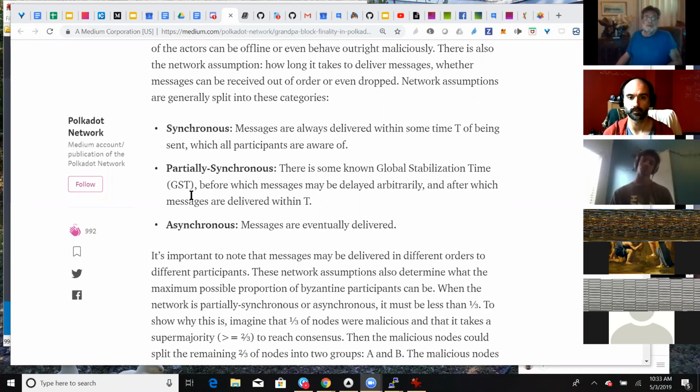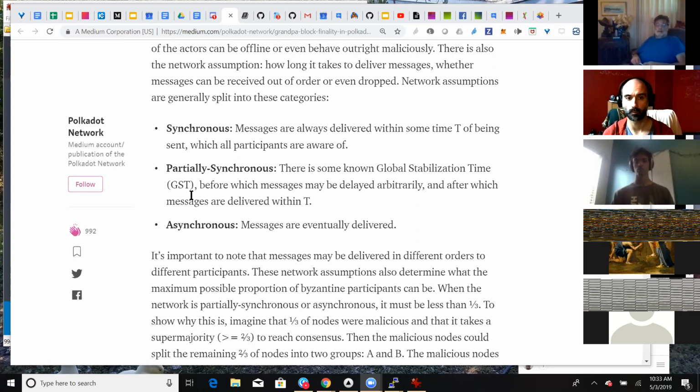So there is a possibility, if this time is set too short, for them to lose safety, and that you could finalize blocks and then later change your mind as you get more information.